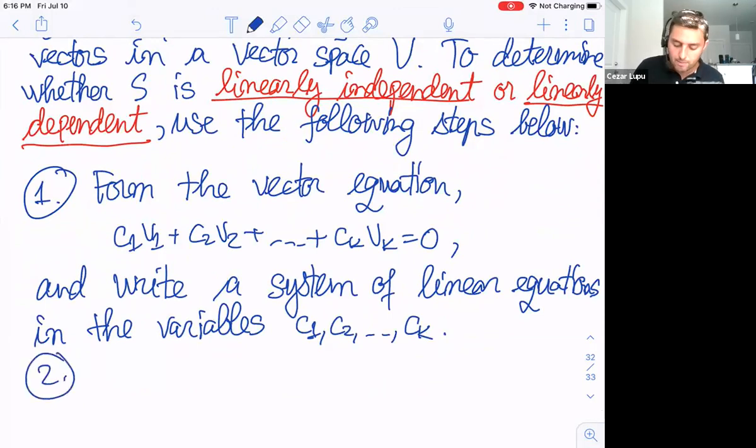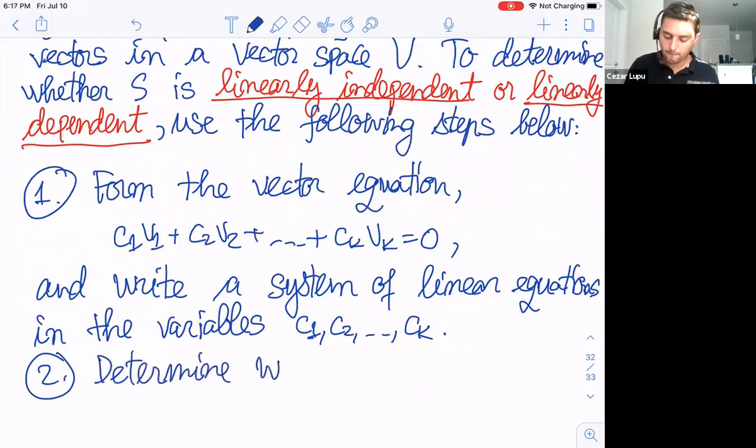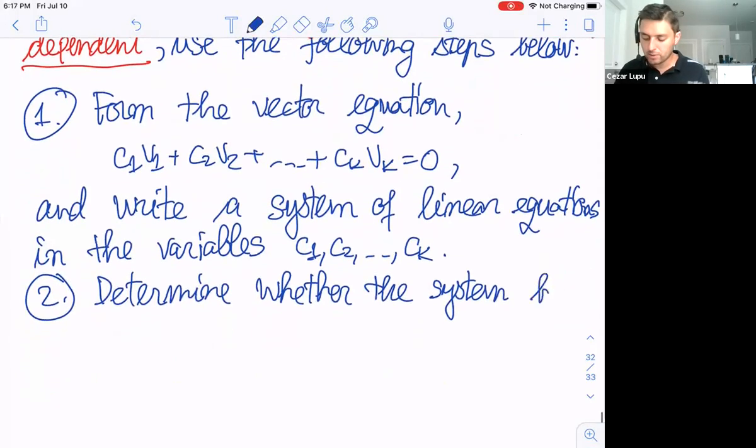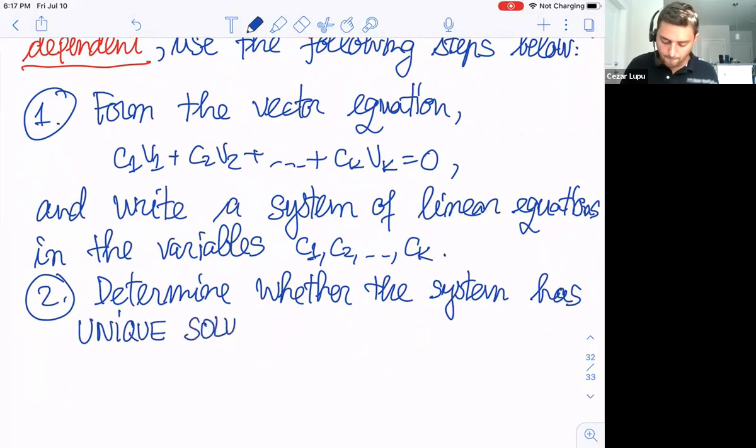Then the second step is determine whether the system has a unique solution. This is very important.